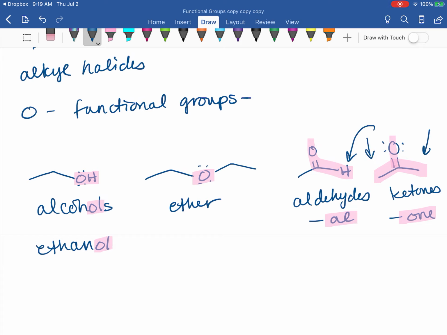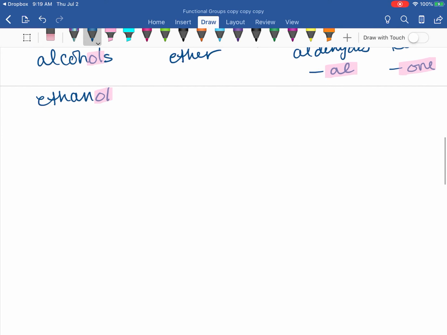We've got a bond to hydrogen here. We've got bonds to carbon here. So they're very similar. They both have a double bond to oxygen, but an aldehyde has a hydrogen and a ketone has a carbon. Okay, now these are just samples. You can have all kinds of flare off of these as carbons. This is just to represent that functional group and what it looks like.